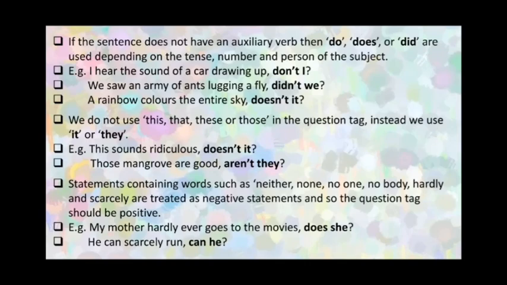For example, my mother hardly ever goes to the movies, does she? Next sentence, he can scarcely run, can he?